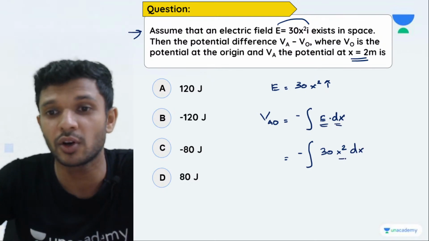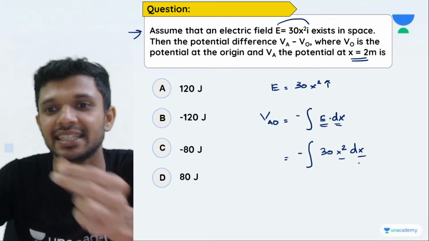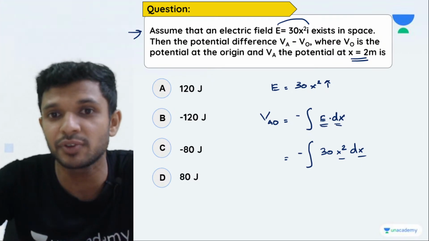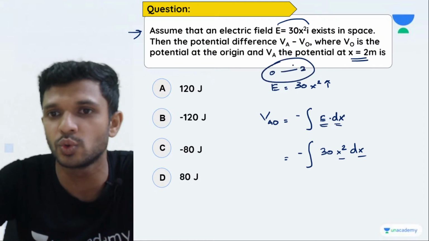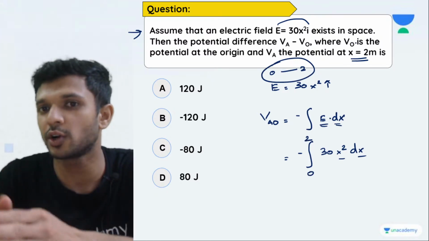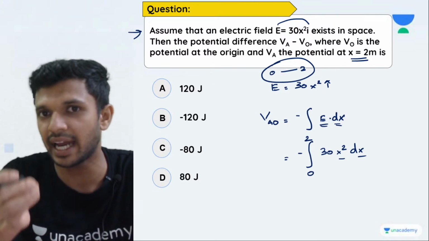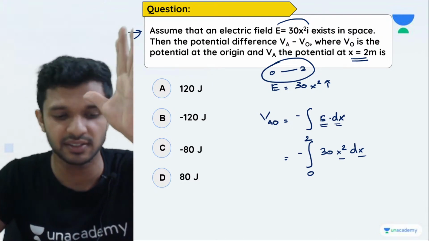So which is the variable here? Which is the variable inside the integration? Yes, it is x. And x is changing from where to where? From 0 to 2, isn't it? So from 0 to 2 we have to integrate, because it is a potential difference found between the points VA and V naught, right? V naught is the point at 0 and VA is the point at x equal to 2.